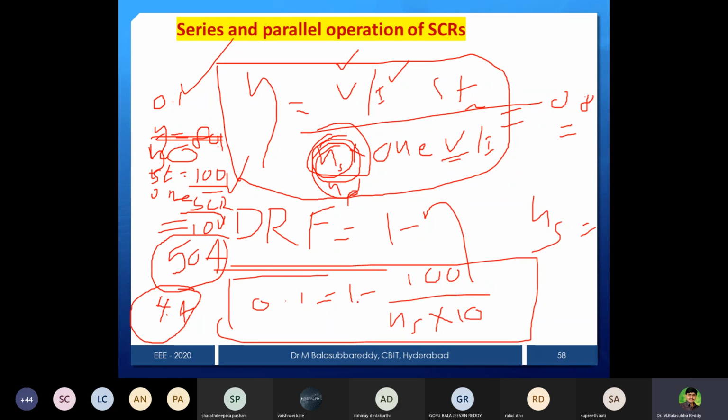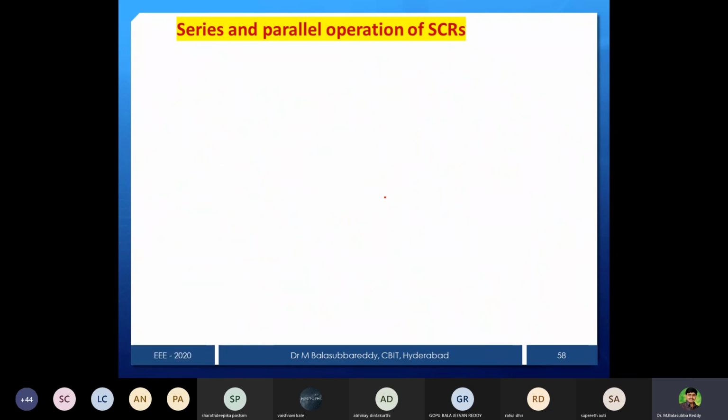Then you use the same formula, where the derating factor is again 0.1: 1 minus string efficiency, with the current rating 50 divided by n times 4. That way you can find the number of SCRs in series and the number of SCRs in parallel. So that is the way we have to solve this problem.